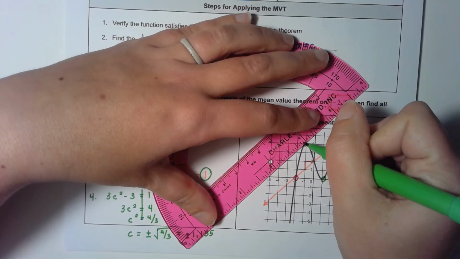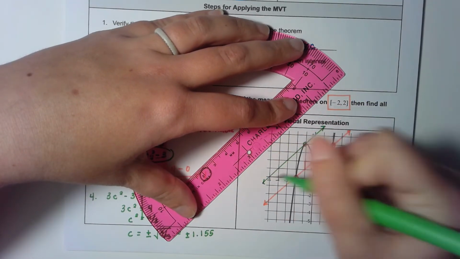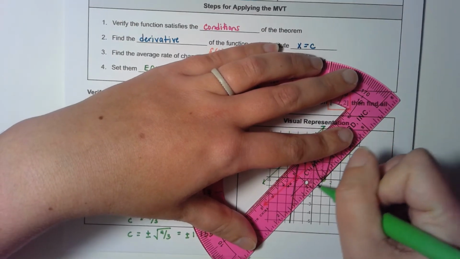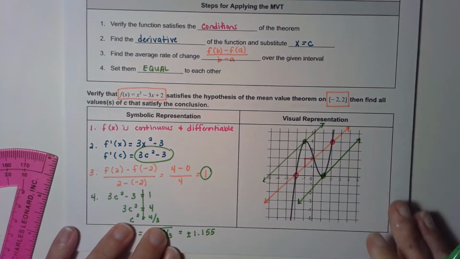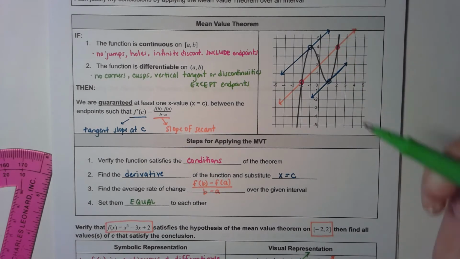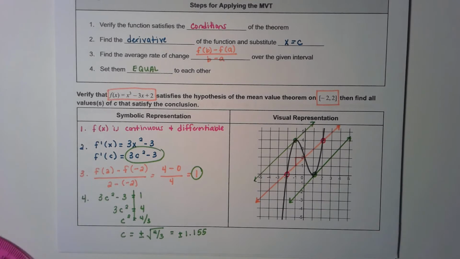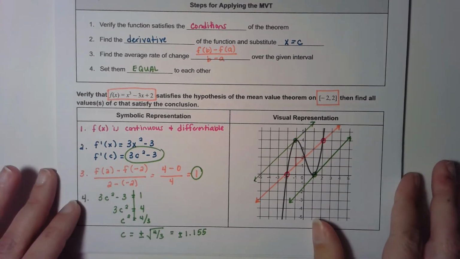And if you draw the tangent lines there, they look about parallel. It's also the same two places that we found just by a visual inspection when we were kind of estimating up here. So you'll notice it's all kind of intuitive, but now we're able to find those values exactly and know exactly what x values to draw those tangent lines at.